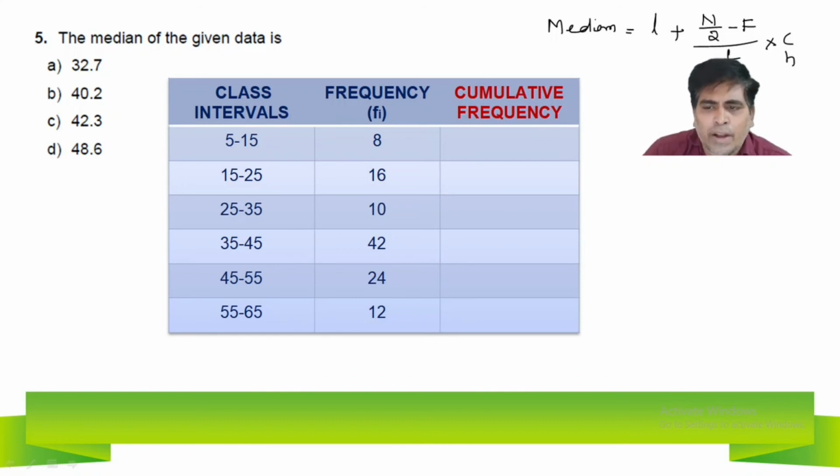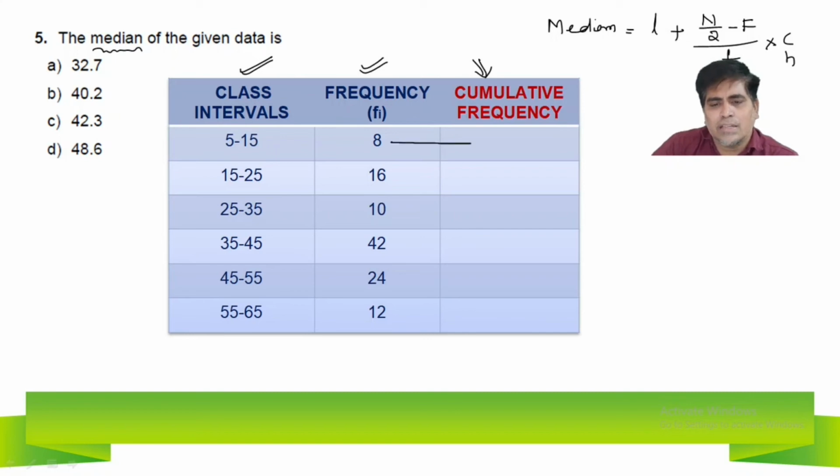So we have to find all these values. First of all, while calculating the median, we have to find the cumulative frequency of the data. So how do we calculate cumulative frequency? First note down all the class intervals and frequencies, and one more extra column, the cumulative frequency.